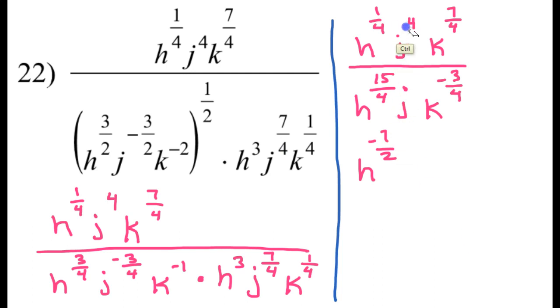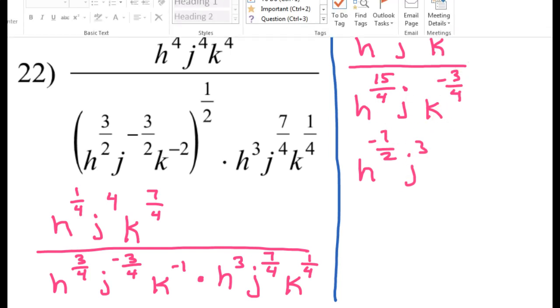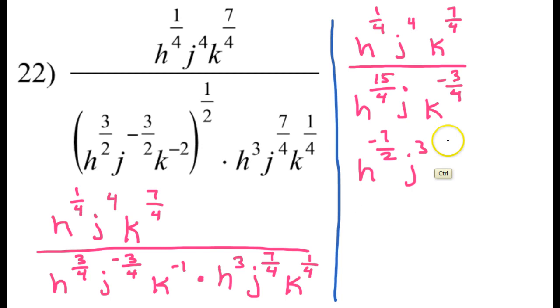Alright, for the j's, 4 minus 1 is 3, which we already knew. So that'll just be j to the third power. Alright, now for the k's. I've got to do 7 fourths minus negative 3 fourths.